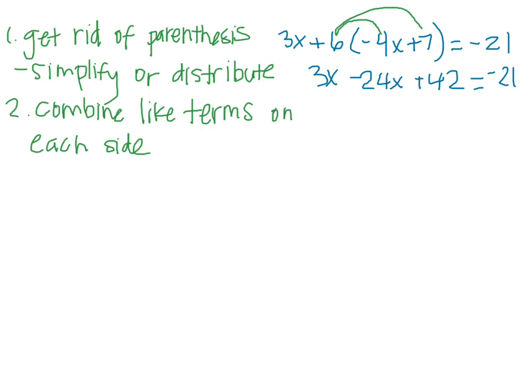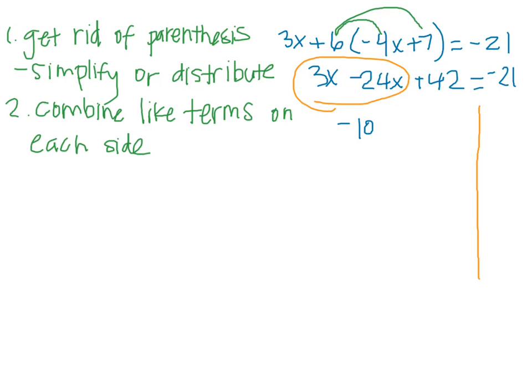So you can imagine over here that we have the equal sign, and it's kind of like the left side and the right side. So like terms are things that are similar. Right here I have 3x and negative 24x. Those both have x's in them, so we consider them to be like terms. So I'm going to do 3x minus 24x, which leaves me with negative 18.